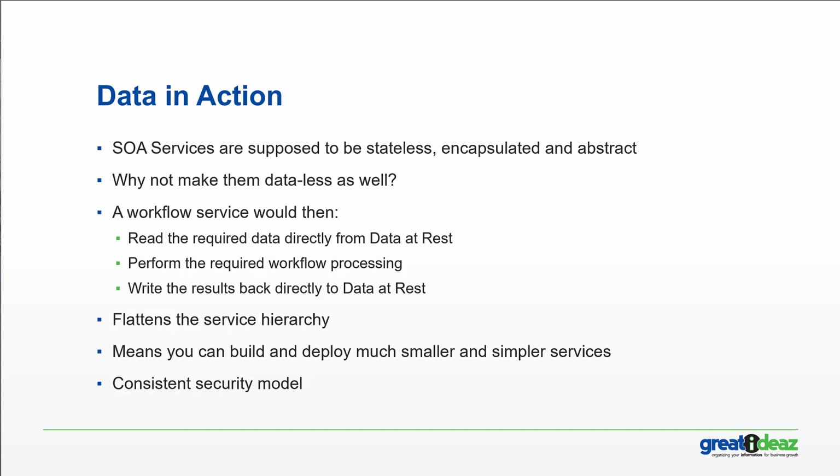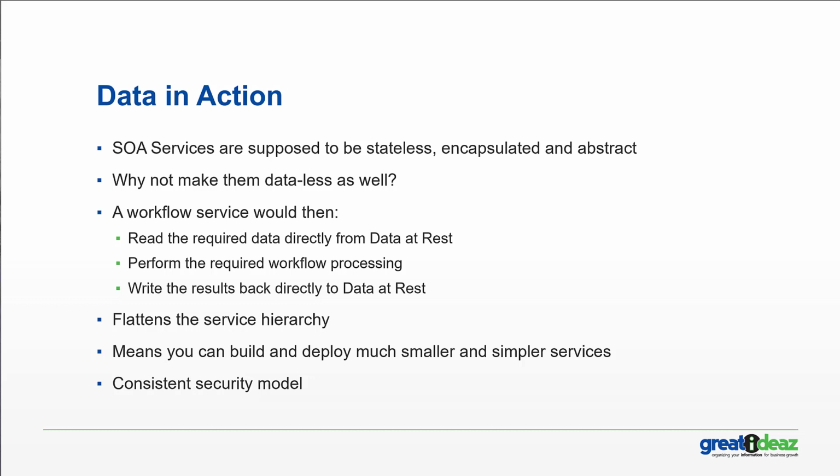So one of the really cool things, again, about going to data agnostic services is that because we pulled the data out of the service and put the data into the data at rest component, we can build these much simpler, much smaller services to actually operate on that data. And another really cool thing is that we've got all of the data inside the data at rest model.